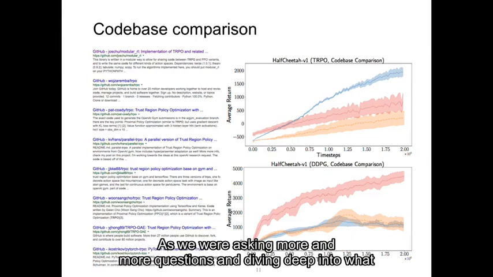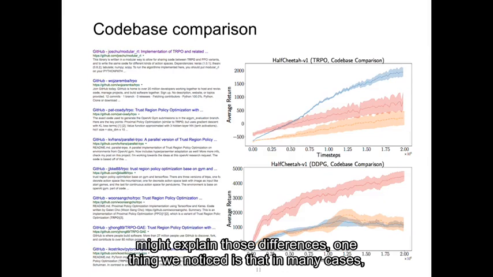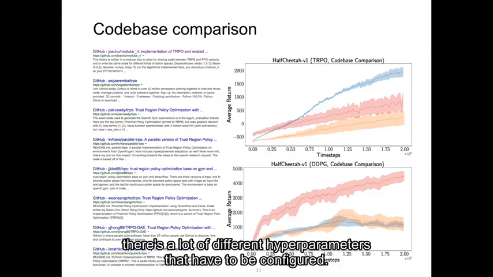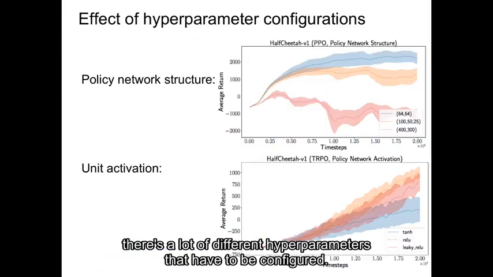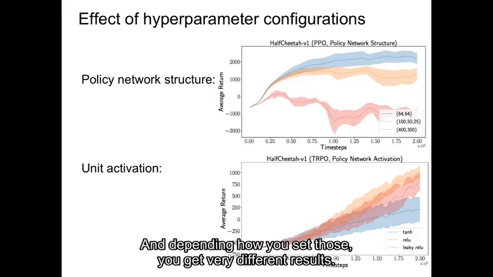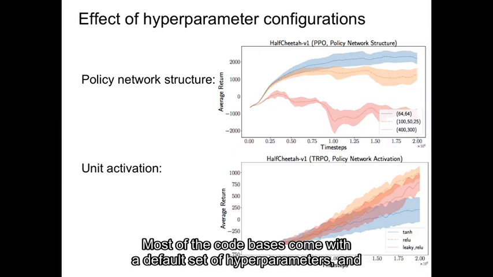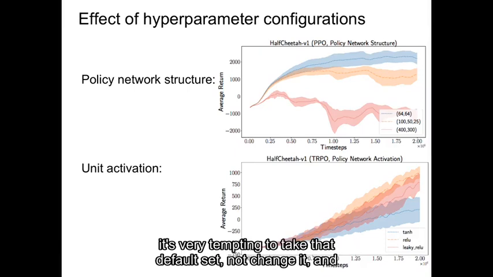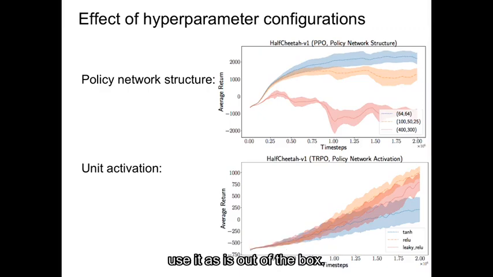As we were asking more and more questions and diving deep into what might explain those differences, one thing we noticed is that in many cases, there are a lot of different hyperparameters that have to be configured. And depending on how you set those, you get very different results. Most of the code bases come with a default set of hyperparameters, and it's very tempting to take that default set, not change it, and use it as is, out of the box.